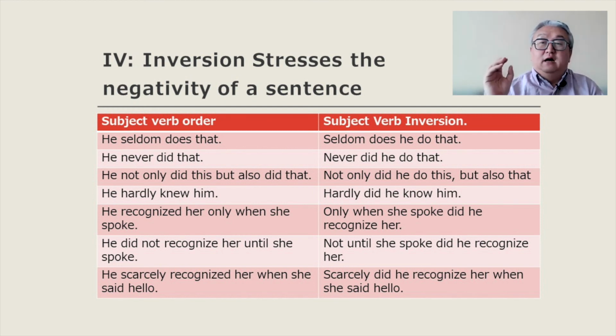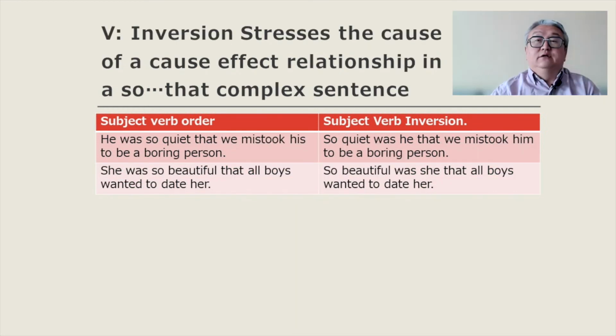Here we are. If you start sentences with negative words, then your sentence order is inverted. You can tell words such as seldom, only, scarcely, they are all negative. That's what we should pay attention to. And the fifth case is we invert to stress the cause of the cause-effect relationship in a so-that complex sentence.